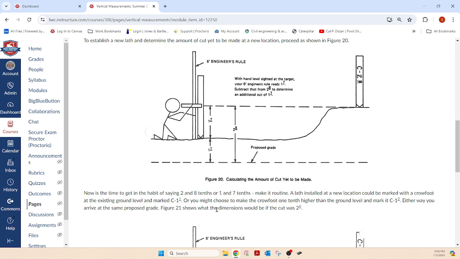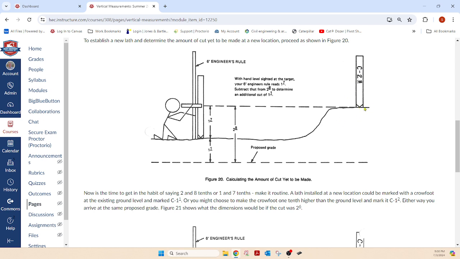Figure 21 shows, what figure are we at? 20. I'm not going to leave this one yet until we explain this. Guys, kneel down. He's got a line of sight pointed to this crow's foot.